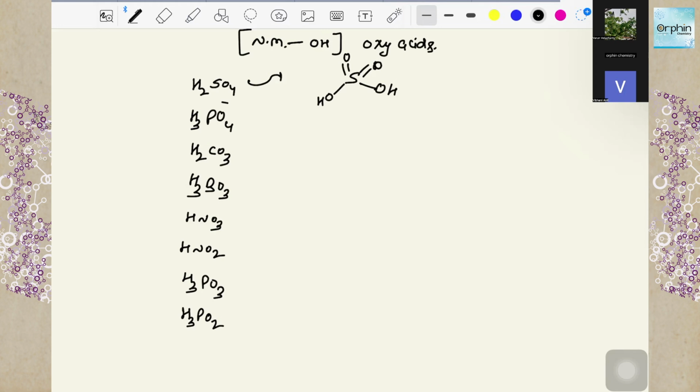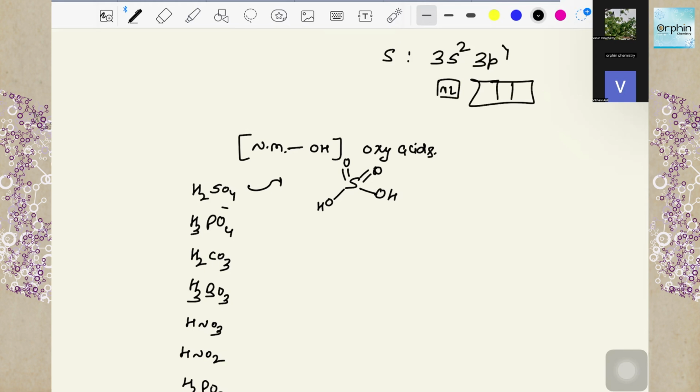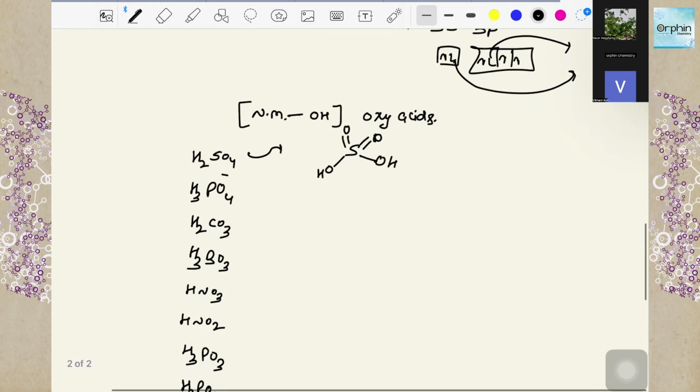But suppose the electrons are paired. For example, sulfur is 3s2, 3p4. So we can write it like this. Because of availability of 3d, this electron can be excited, this electron can be excited. So six bonds can be formed.